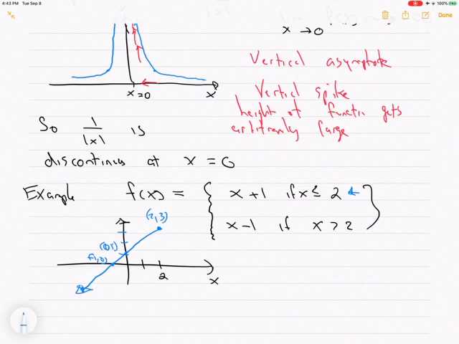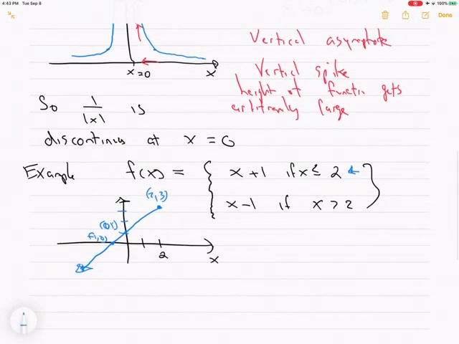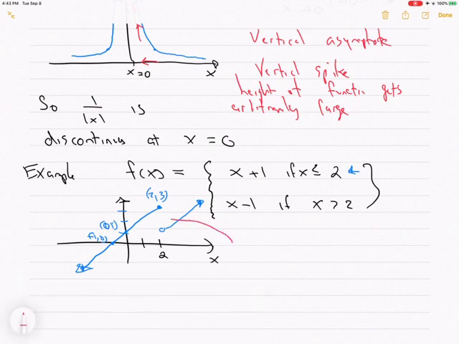Now, for x bigger than 2, you fall along the line y equals x minus 1. It still has a slope of 1, but now it's been shifted down by 2 units compared to the previous one. So it looks like this now, and again, the line continues forever. And so you can see quite clearly that we have a jump at x equals 2.